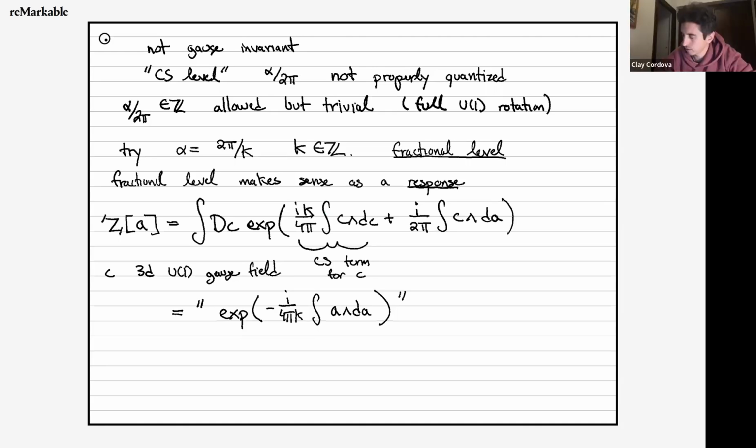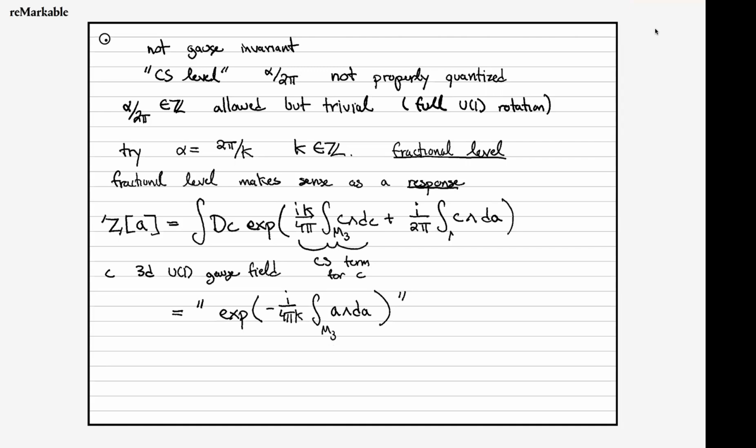More questions? Average dA. Yeah. You're saying that in general, this integral is defined over a three manifold, right? This is defined over some three manifold, yes. So when you talk about Chern-Simons theory on three manifolds, they are not usually gauge invariant.